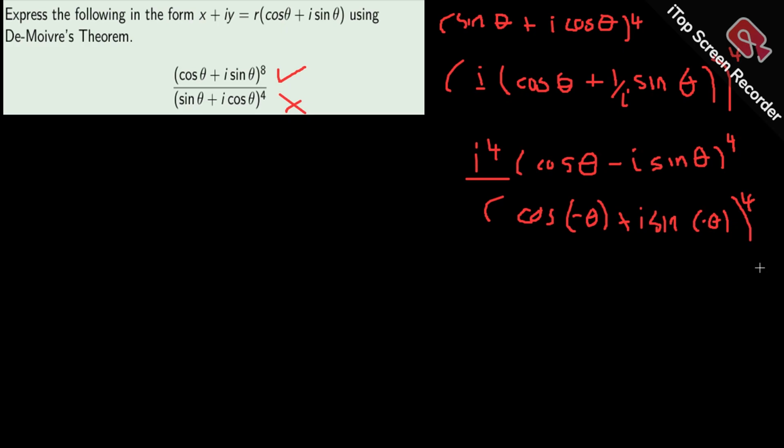And what are you going to do next? Remember, according to De Moivre's theorem, you can take this 4 and multiply by theta. Now we're going to do the opposite, the reverse of De Moivre's theorem. Instead of taking this 4 coming here, we're going to take this negative going back to 4, because we want everything here to become positive.